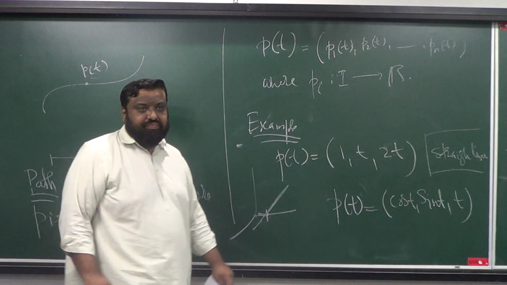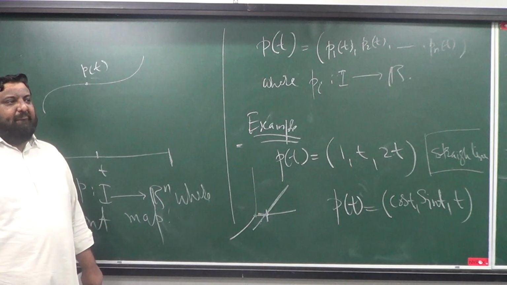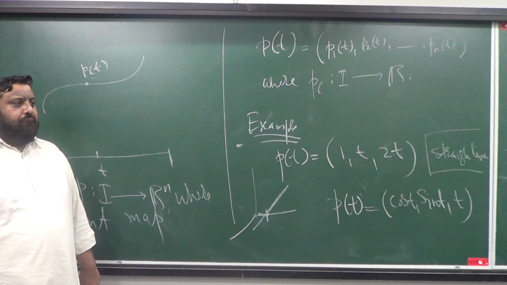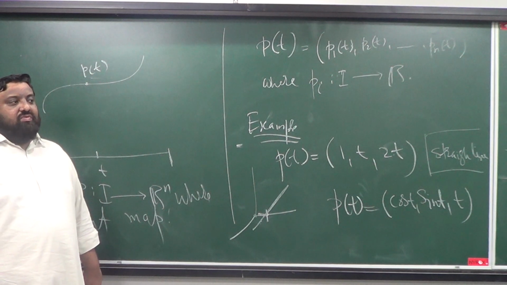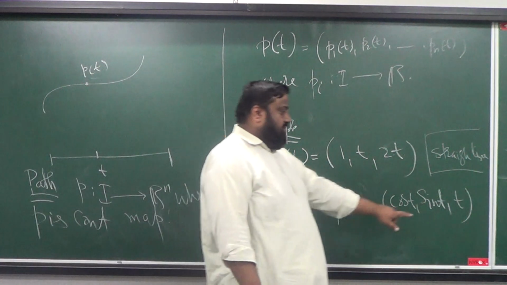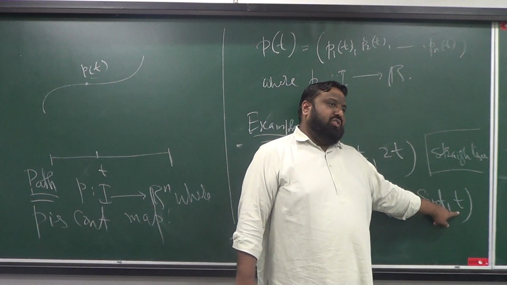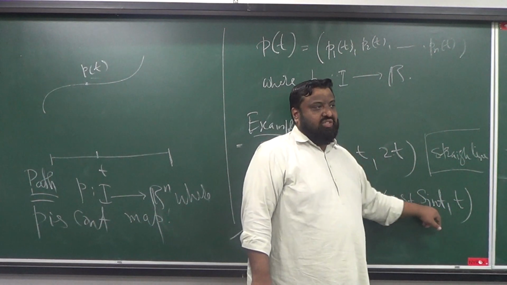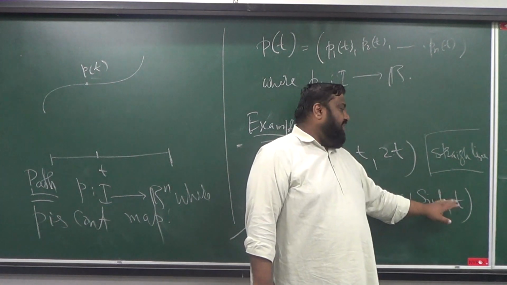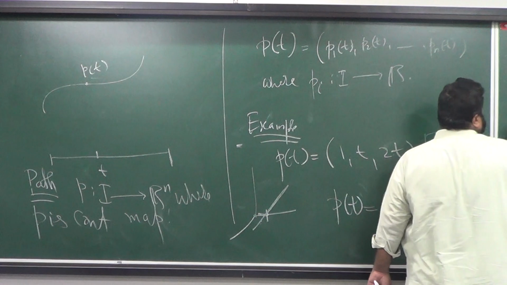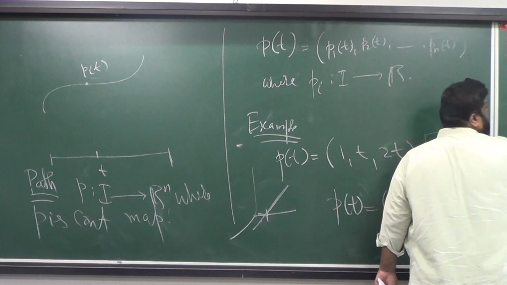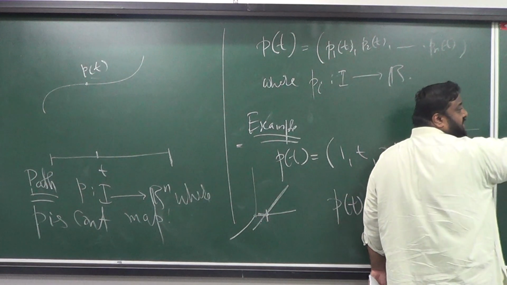What would this be? It would be a circle if t is fixed. If t is 0 or 1, then it's a circle. So if I put for example 1, what does this mean? That at z I have a circle attached to it in the plane.